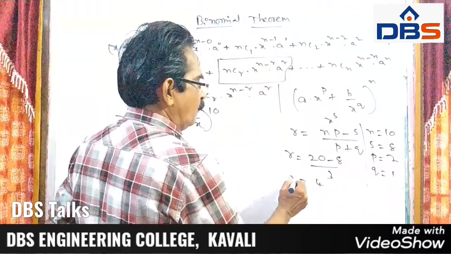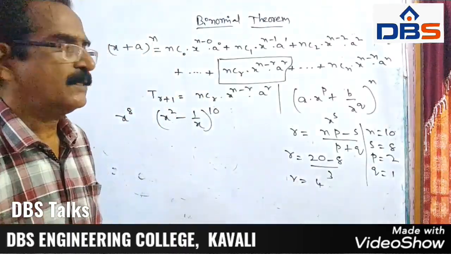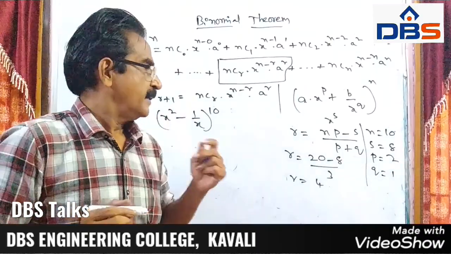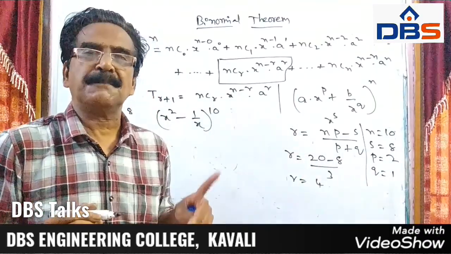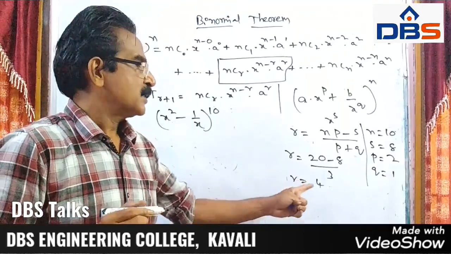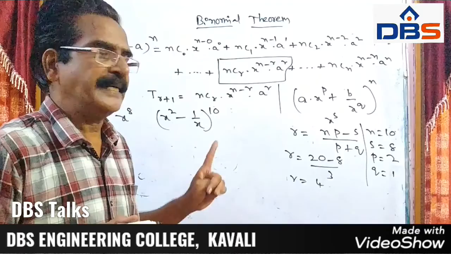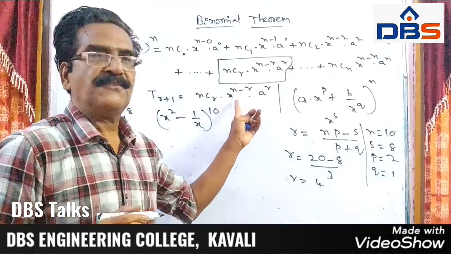So r is equal to 4, friends. That is, the fifth term contains x power 8, since r plus 1 term is the final answer. Let us substitute the values of r.